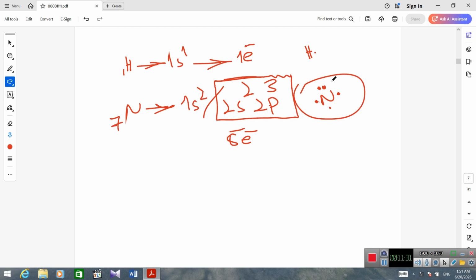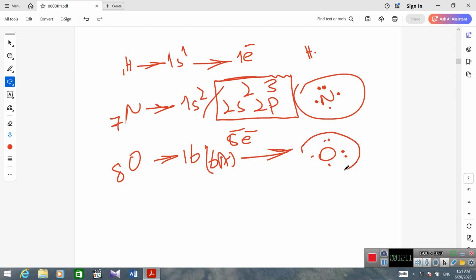As we can see, that is the electronic configuration of the nitrogen atom, and oxygen is 8. As a result, oxygen is from group 16 or 6A, and it has 6 electrons in its valence shell, and we can draw 1, 2, 3, 4, 5, and 6. It has 2 electron pairs and also 2 single electrons.